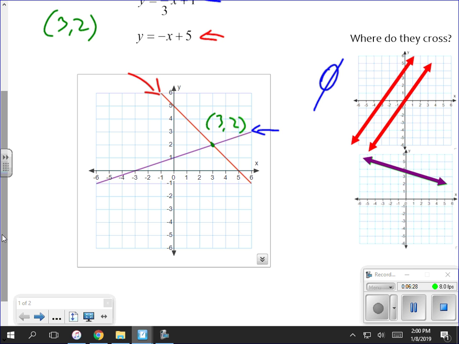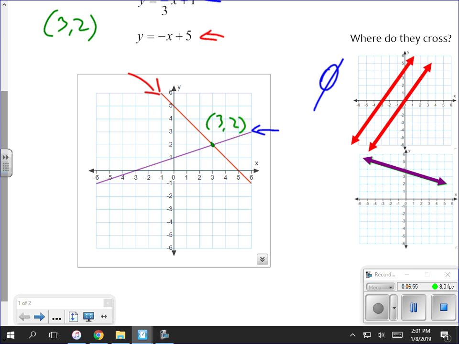And then it's a little hard to see, but if you kind of see what we've got going on here, I've actually got 2 lines lying on top of each other. Where do they cross? They cross lots of places, right? Yes, technically it's an infinite number of solutions. Now, it's not every single xy coordinate, but every xy coordinate that works in one works in the other.